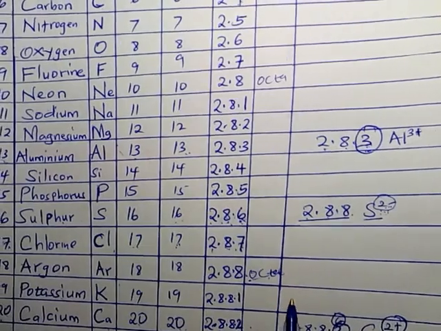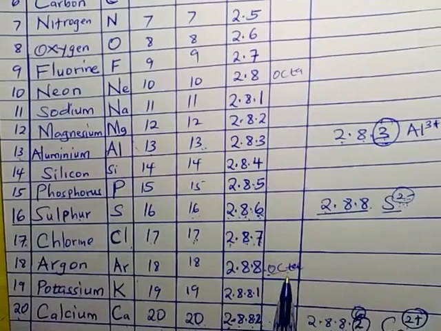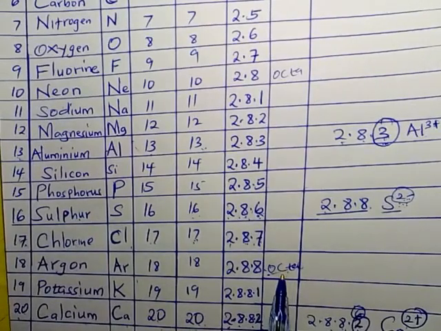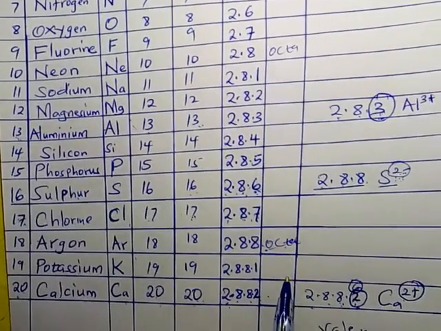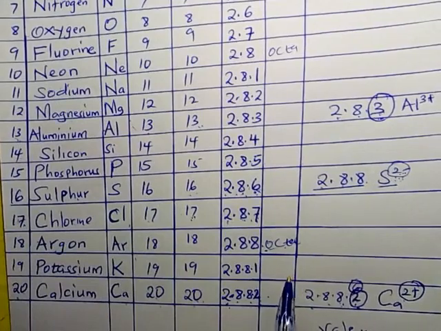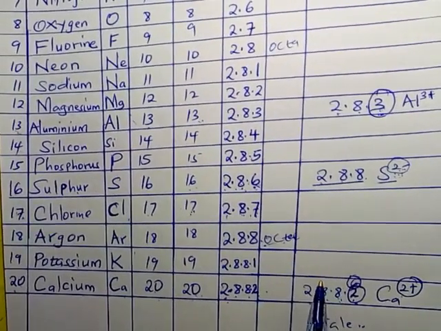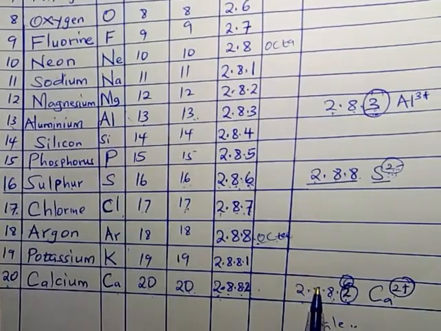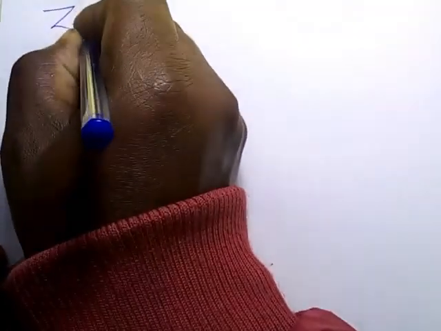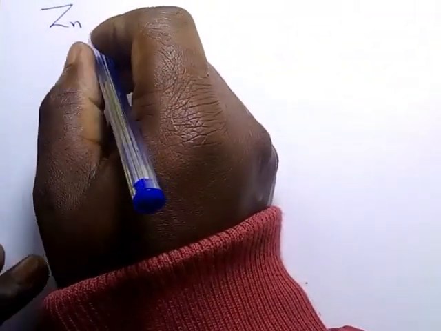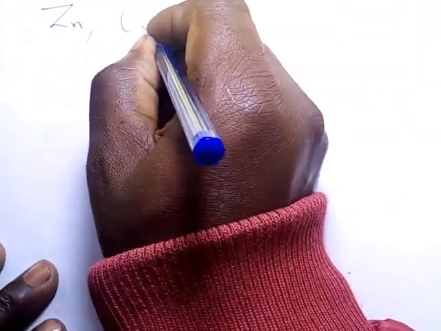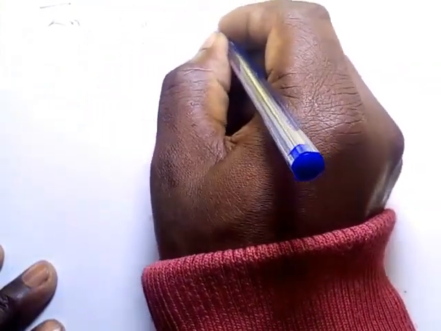So hoping that you have understood how to get the valence of an element, now we can go ahead and talk about the elements which are not in the first 20 of the periodic table. We have few of them. We have elements such as zinc, that is commonly used and is not in the first 20 elements. We have copper, we have barium.